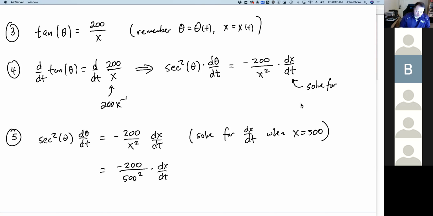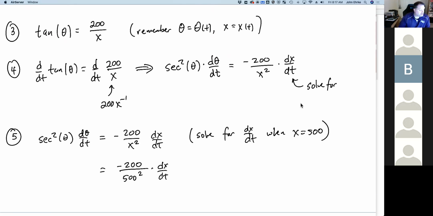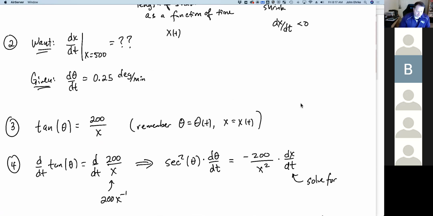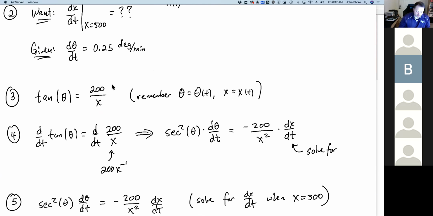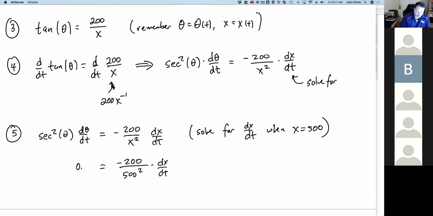On the left-hand side, dθ/dt is the other rate given in the problem, a constant 0.25 degrees per minute, so I can substitute in 0.25 for that rate. Then I've got secant squared of theta, and I need to substitute something in for theta. Well, I'm looking at my picture, which is this triangle.